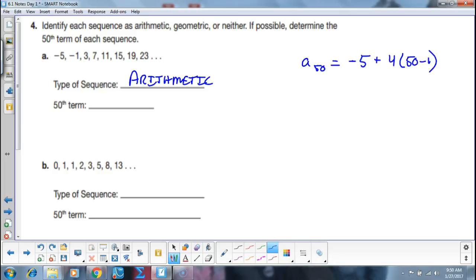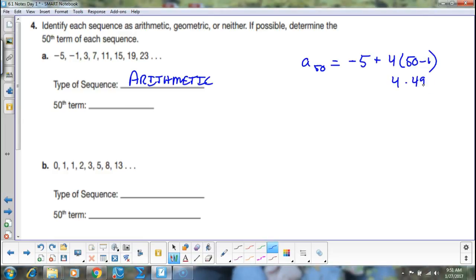Right? 50 minus 1 is 49. 49 times 4 is what? 196? 196 plus negative 5 gives me 191. Okay? This would also be an infinite arithmetic sequence because the dot dot dot says it's going on forever. Okay? With me? Good there?